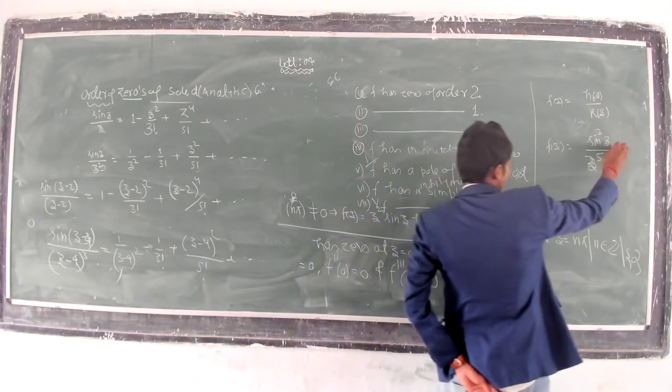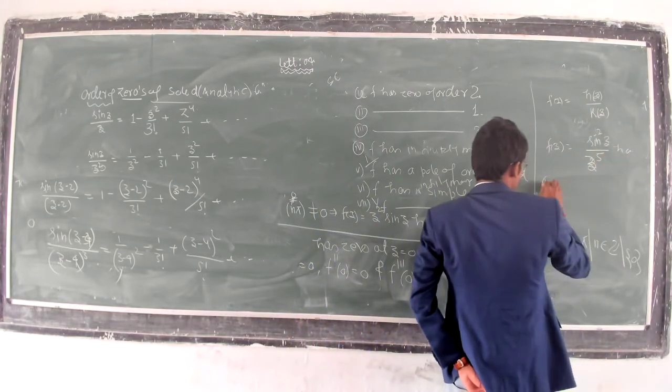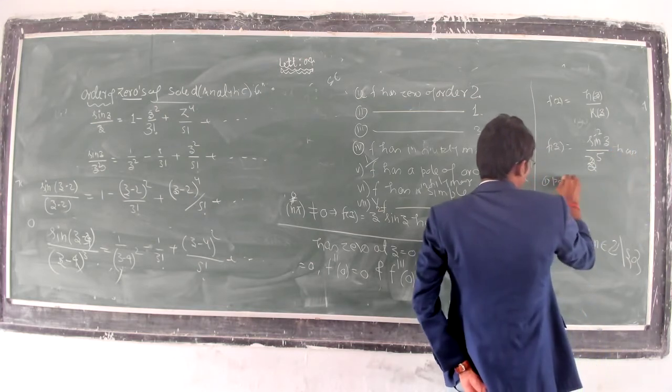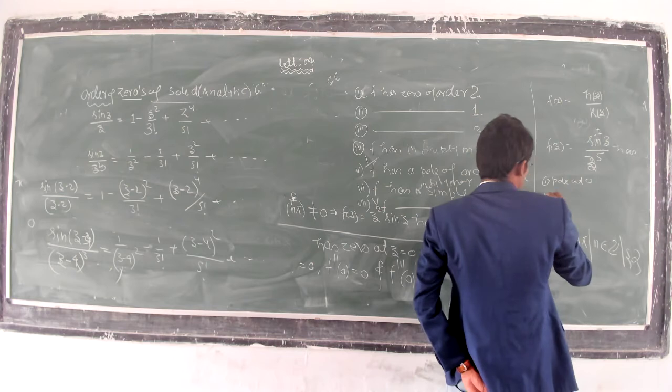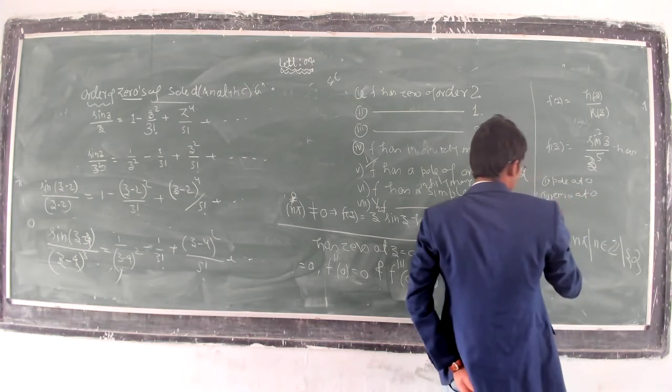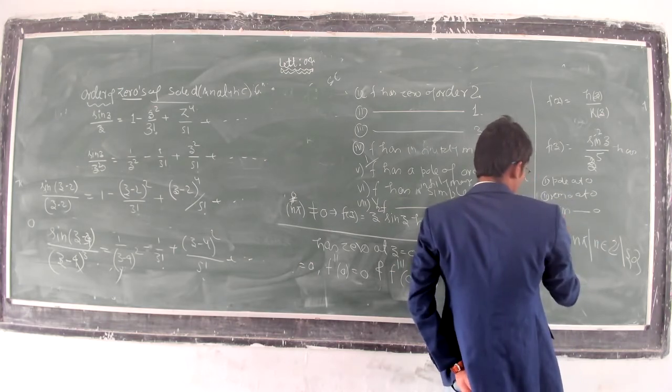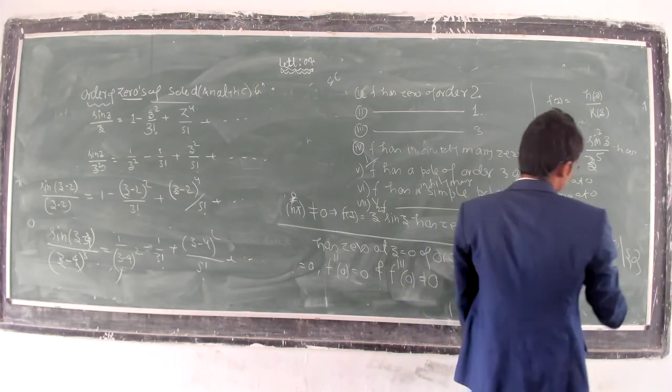Then it has a pole at 0, removable at 0, essential at 0, or none of that.